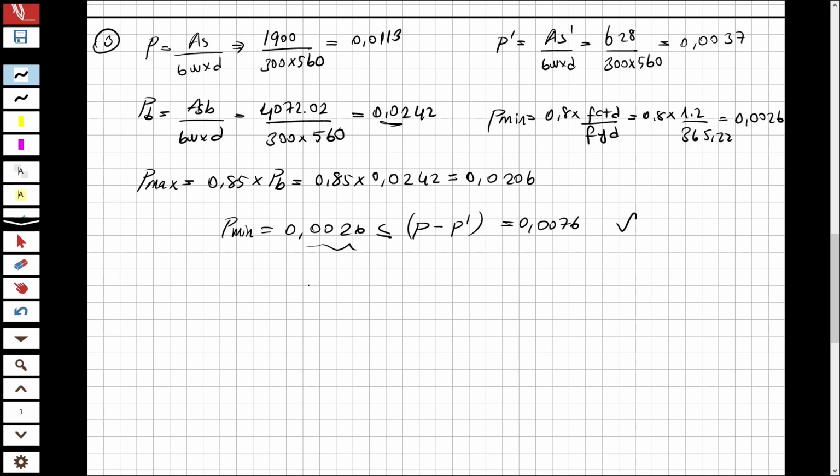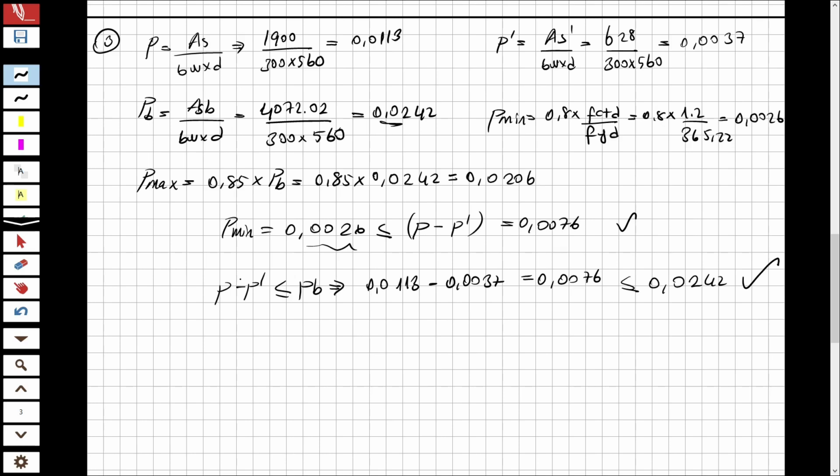And let's make sure the compression steel has yielded. So we're going to make a comparison also there. Rho minus rho prime smaller than rho balanced. So it's going to be 0.0113 minus 0.0037, and this will be equal to 0.0076, smaller than 0.0242.